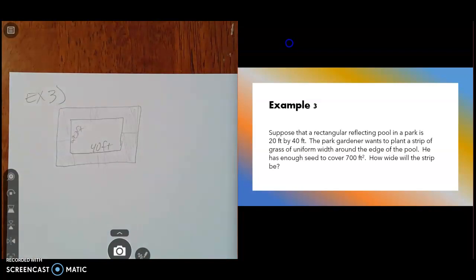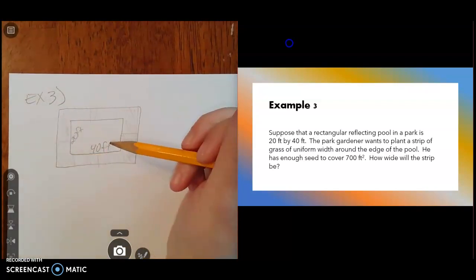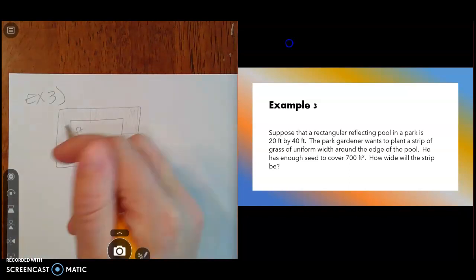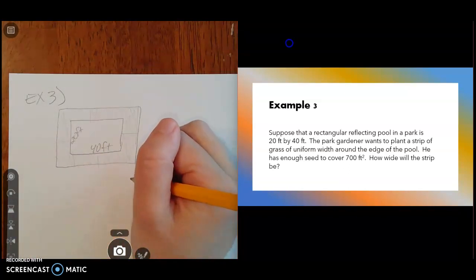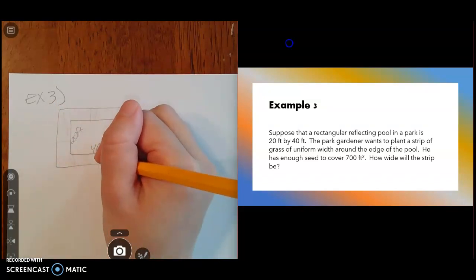Okay. He has enough grass seed to cover 700 square feet. How wide will the strip be? Alrighty. So basically what it's telling me is that the area of this grass region is 700 square feet. Okay? So let's talk about how you calculate the area of the grass region. Well, first off, we need to find the width.